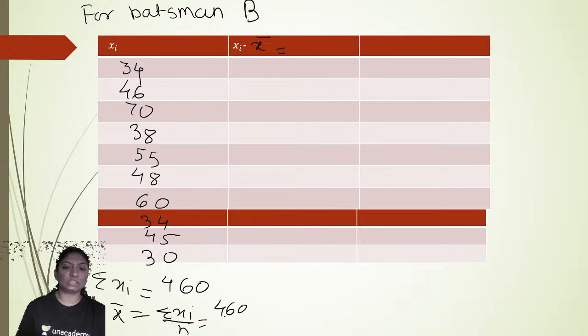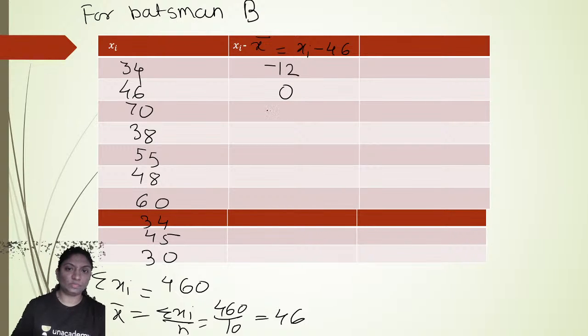Summation of xi है 460, 460 upon 10, 46 आ गया हमारा. xi minus x bar: xi minus 46, 34 minus 46 minus 12, 46 minus 46 is 0, 70 minus 46, 24, 38 minus 46 minus 8, 55 minus 46, 9, 48 minus 46, 2, 60 minus 46, 14, 34 minus 46, minus 12, 45 minus 46, minus 1, 30 minus 46 minus 16.